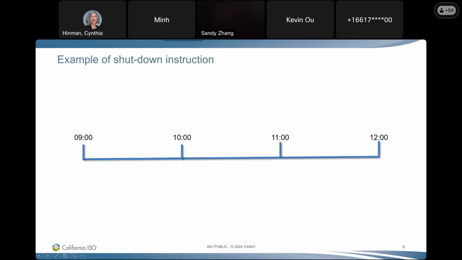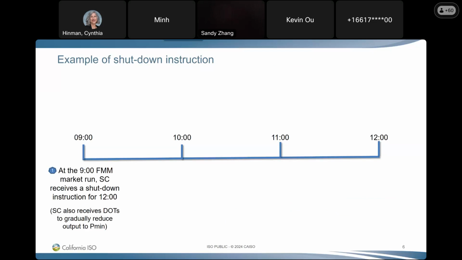Okay, so let's go through an example of a shutdown instruction. Let's say we have a resource that has a 2-hour shutdown time. At 9 o'clock, the FMM market run, the SC receives a shutdown instruction for 12 o'clock, also receives DOTs to gradually reduce output to PMIN. So it's a 2-hour shutdown resource.